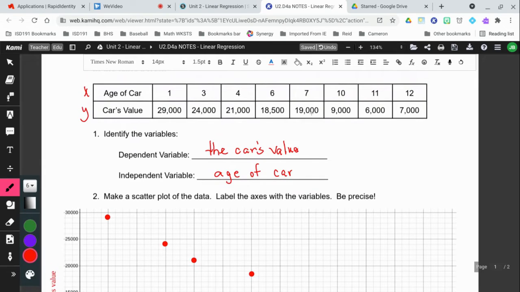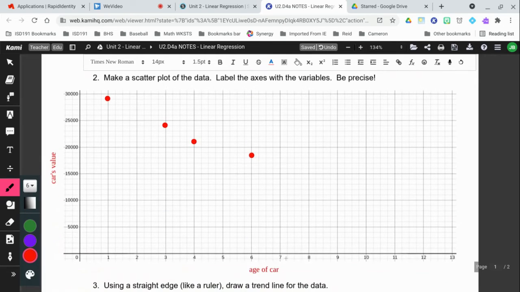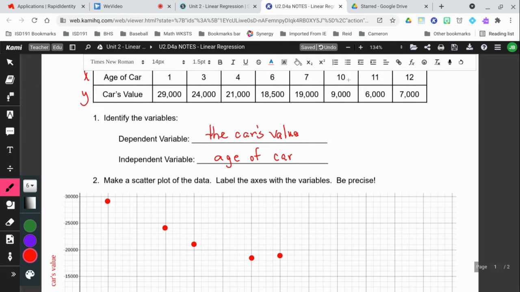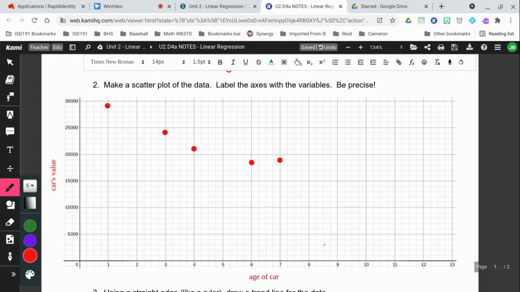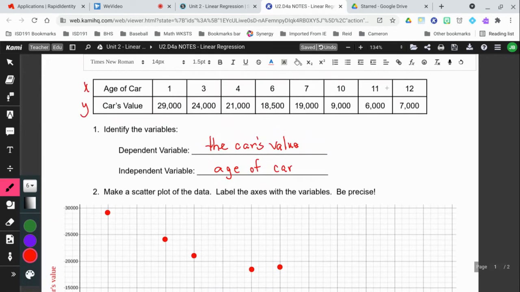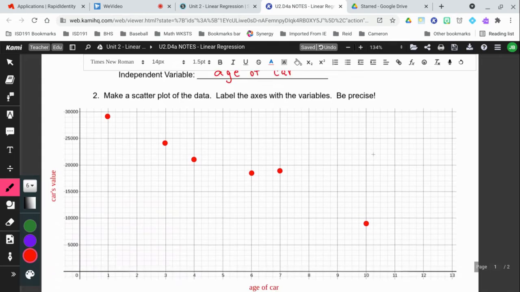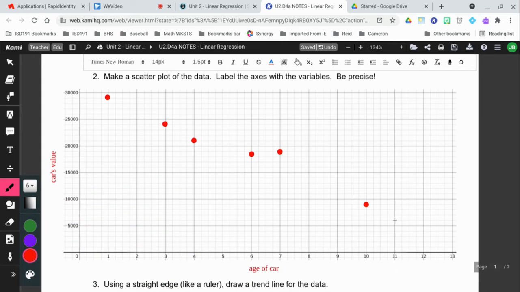All right, a 7-year-old car was 19,000. So age 7, I go up to $19,000. All right. Age 10 was $9,000. Starting to see the cost really come down once we hit 10 years old for a vehicle. 11-year-old vehicle, $6,000.